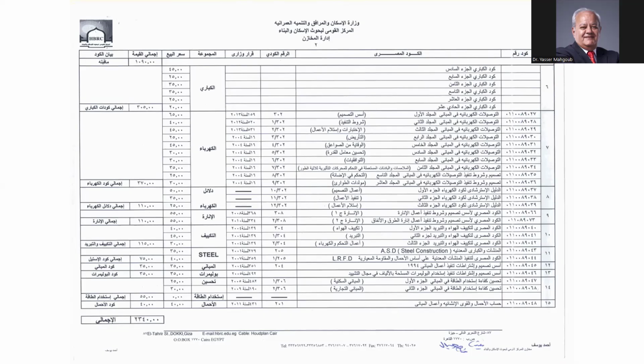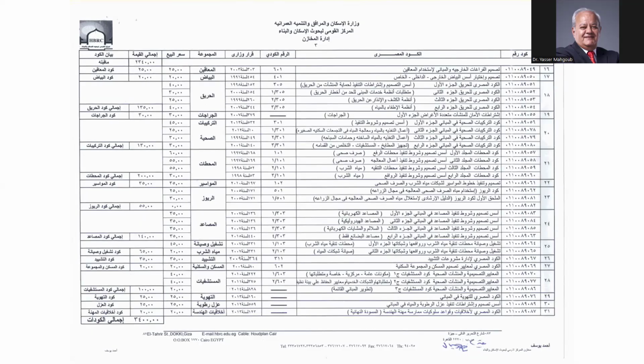So these are all the codes that are published by the National Building Research Center, مركز قومي لبحوث البناء. They are the people concerned with producing all the codes. Or any new codes that are required, they are published by them.